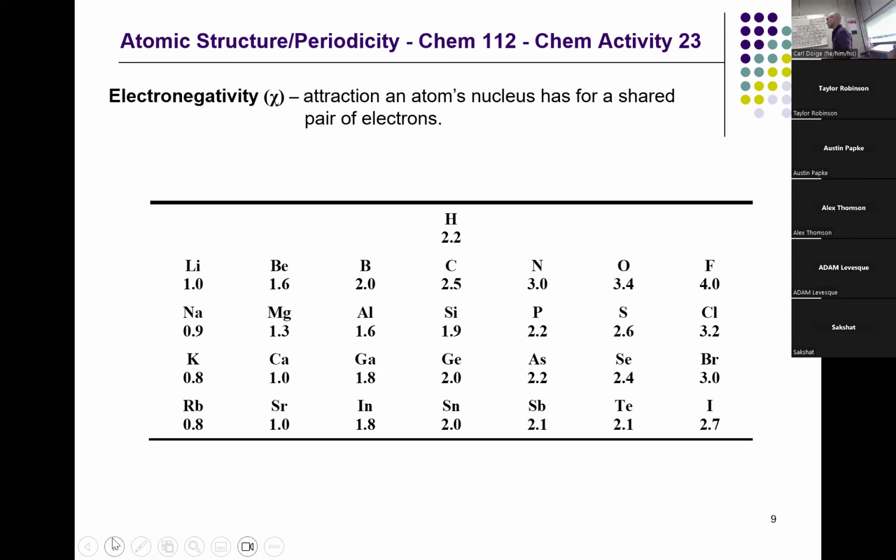We're going to say more about Linus Pauling going forward. You can see that it's a unitless scale. Unlike radius, where you can talk about the size of the atom in picometers, there are no units here. But we do see clearly that fluorine is the most electronegative, and rubidium, in terms of what we list here, is the least electronegative.